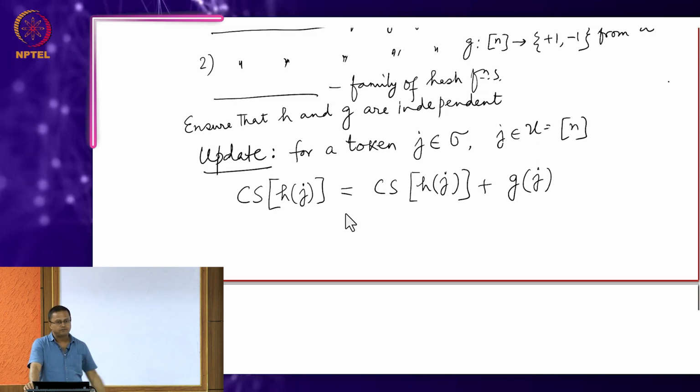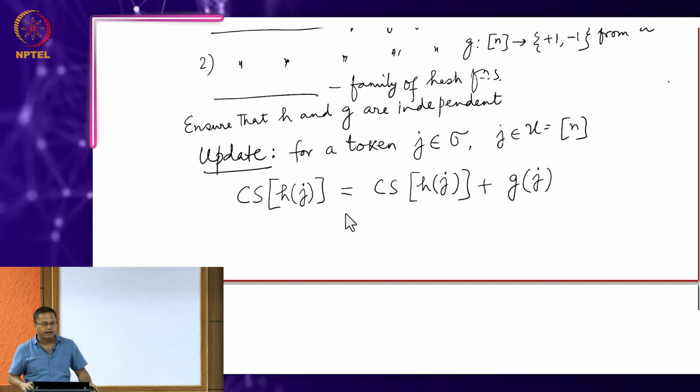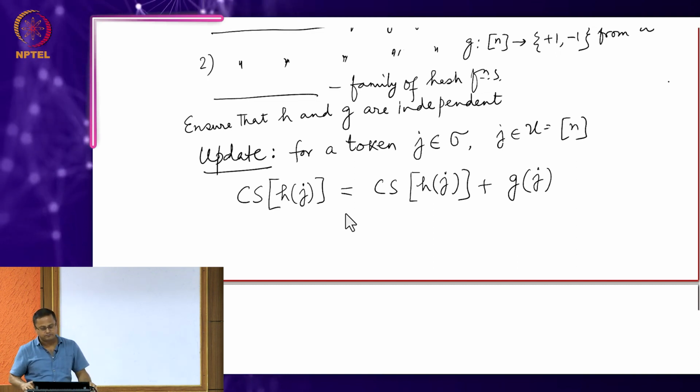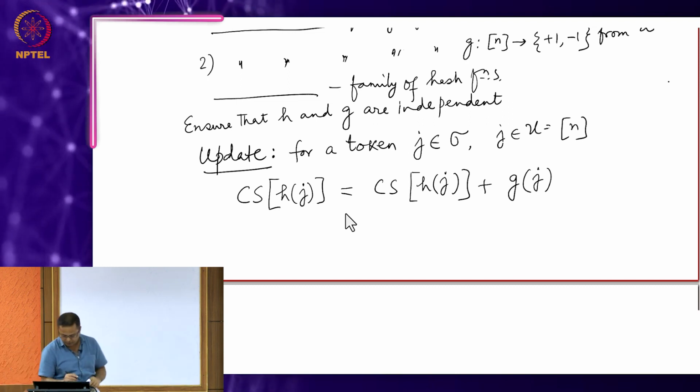So, this is actually my increment step. Earlier it was just adding plus 1, now it is adding a random variable plus minus 1. Okay. So, what is my output?